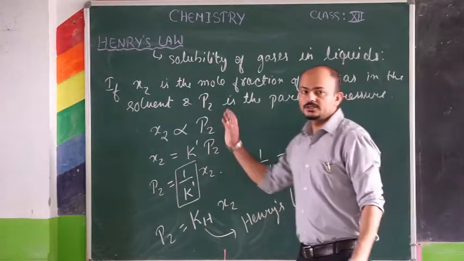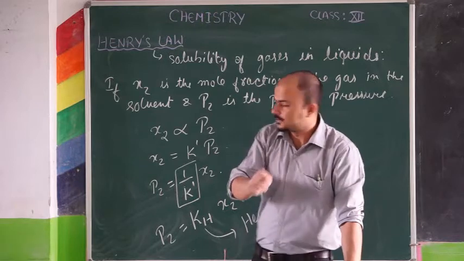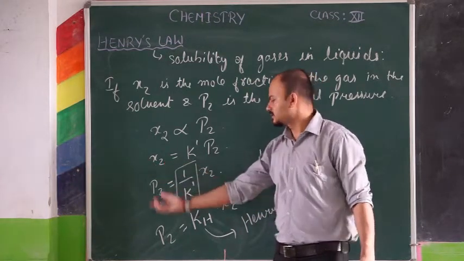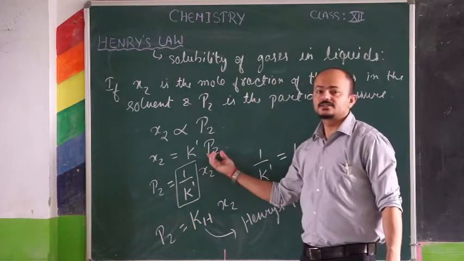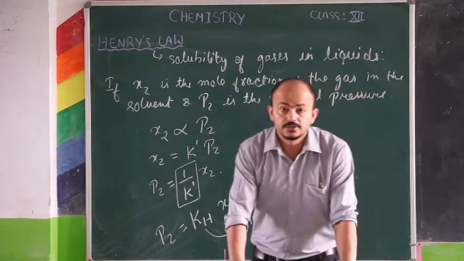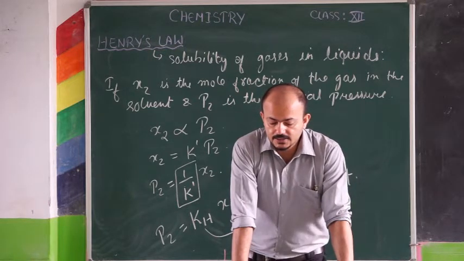So eventually the mass of the gas dissolved can be calculated in terms of mole fraction, which is directly proportional to the partial pressure of that particular gas. This you have to keep in your mind. The pressure of a gas over a solution in which the gas is dissolved is proportional to the mole fraction of the gas dissolved in the solution.